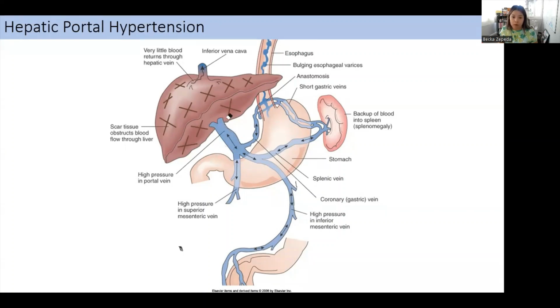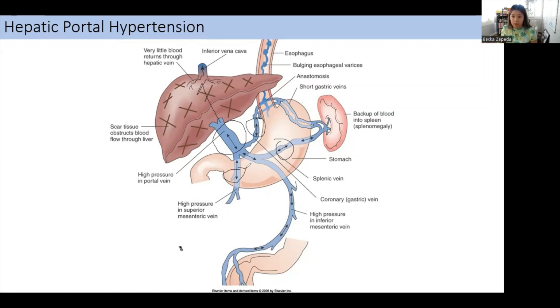If you remember when we talked about varicose veins in the legs, because of the pooling of blood, this is a similar effect happening in the abdomen, because not enough blood is getting filtered out through the liver. This backing up is going to cause hypertension.